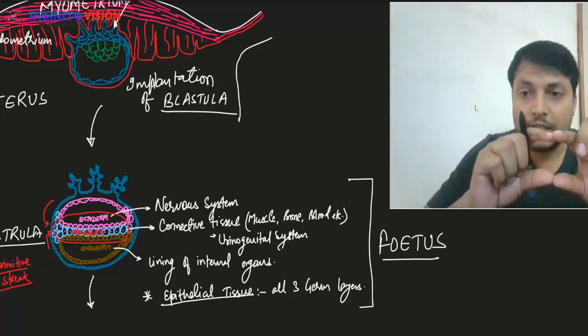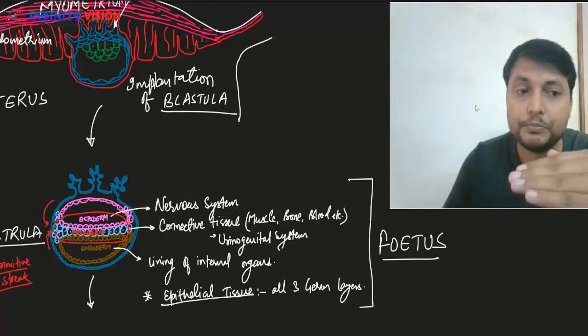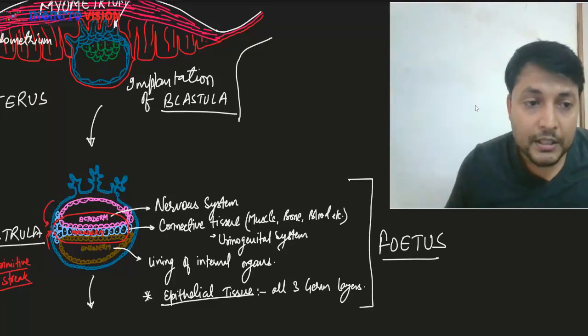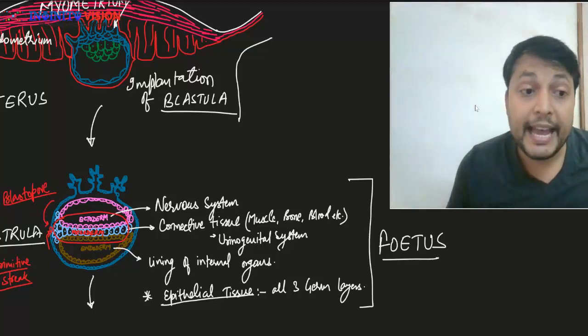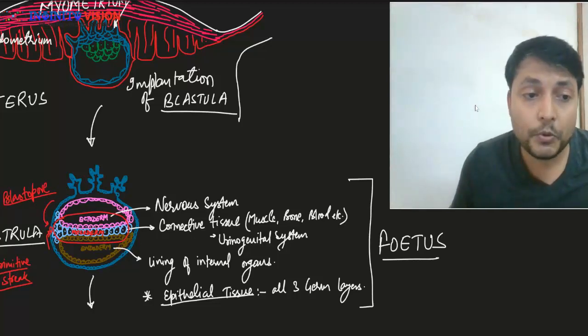So this entire layer is formed because of the movement of the cells, and there is a pore-like structure through which the cells move in. Now this pore is called the blastopore. This is called blastopore, and the side of the blastopore is called the vegetal pole. This is called the vegetal pole. On the other side, this part is called the animal pole.